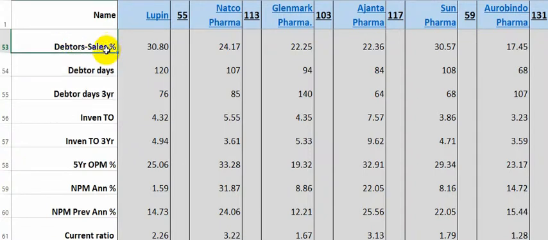This percentage basically helps us understand whether the debtors have exceeded a percentage of sales and by what percentage. So here we don't want the debtors to exceed 30% of this year's sales, meaning not more than 30% of this year's sales should be pending for collection.